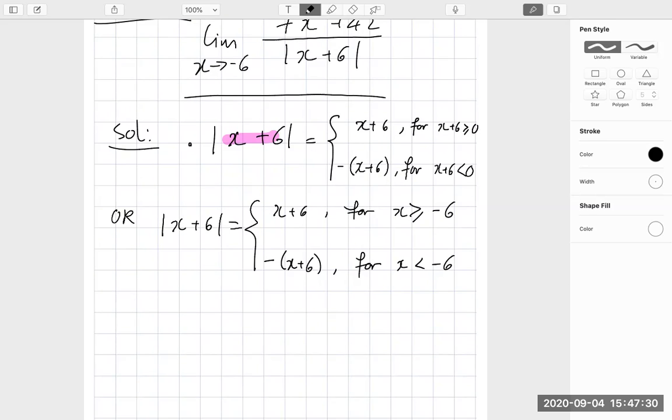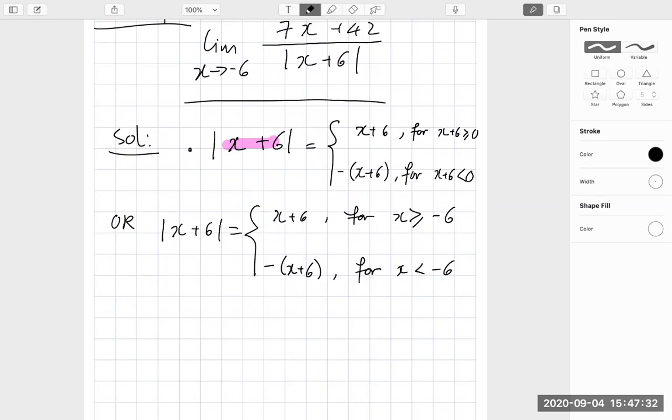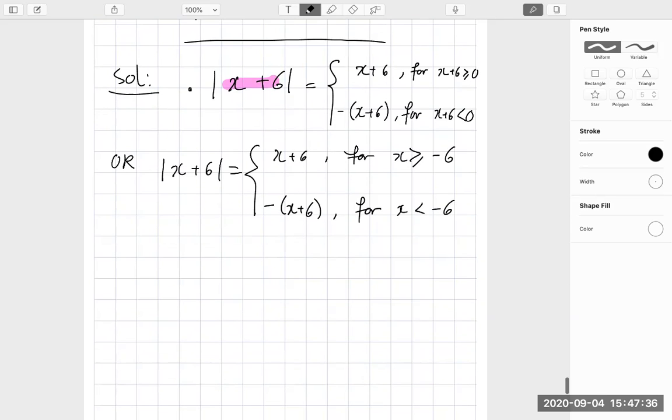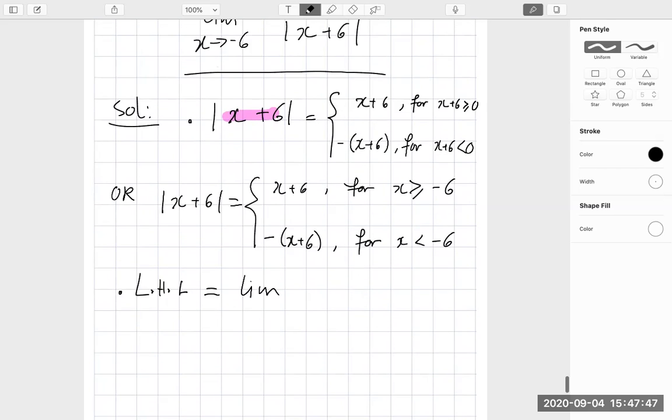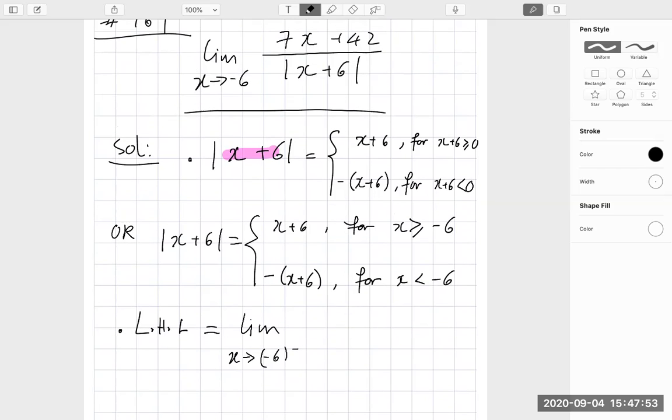Now, in order to compute the limit when x approaches -6, we need to compute the left-hand limit, the limit when x approaches -6 from the left of this.